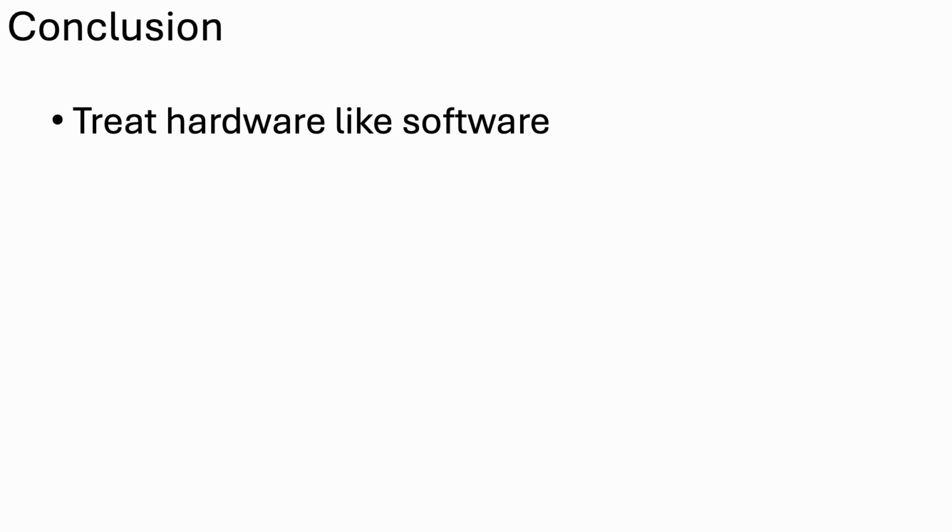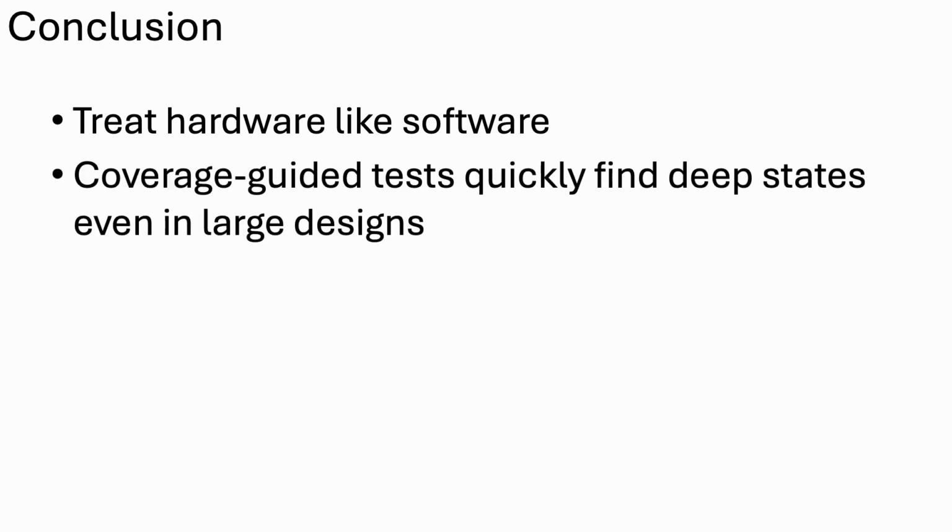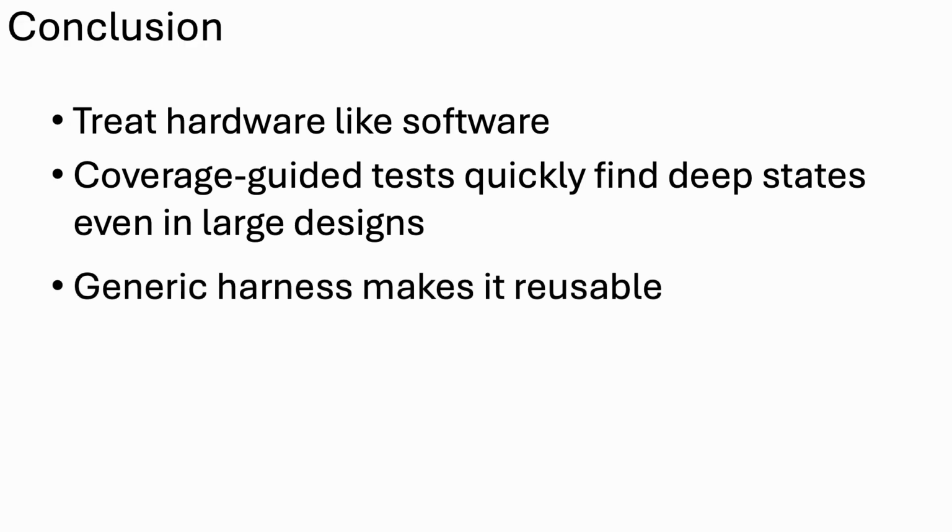And we also saw that coverage guided tests are very applicable to hardware and can lead to this best of both worlds where you can find deep states but also find them quickly in large designs. And lastly, that there's a lot of benefits to trying to make the generic harness as reusable as possible, and they came up with a really clever way to use this bus grammar to do that.